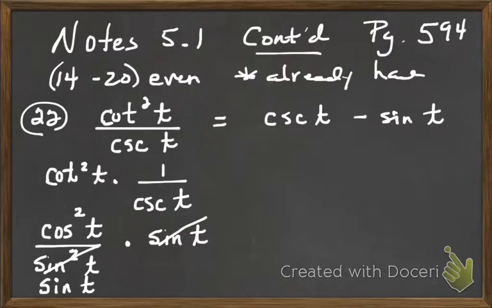Now I start to look at the right-hand side and I realize somehow I've got to get two terms, and they're going to be subtracted. So that's kind of a clue there. Does anybody see I can take something that I have now and turn it into two things that will be subtracted?